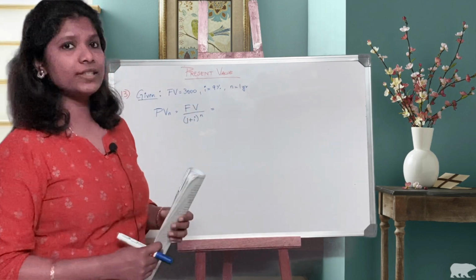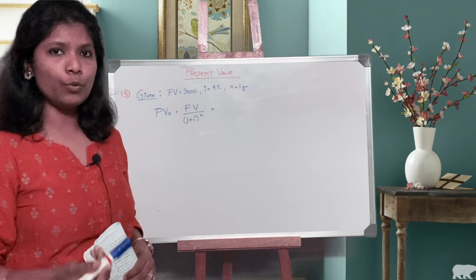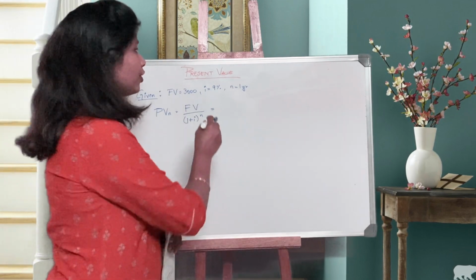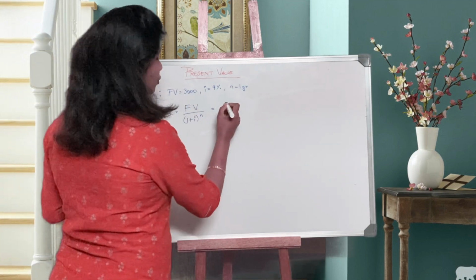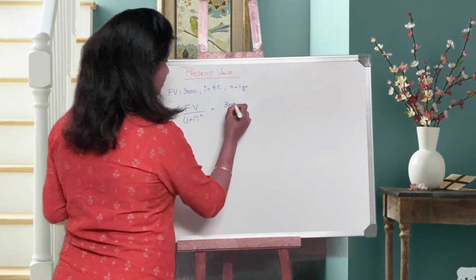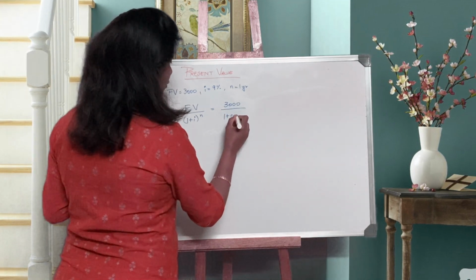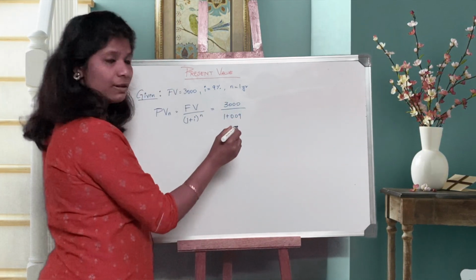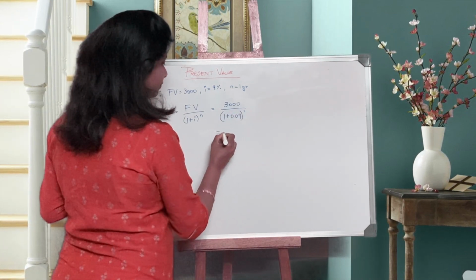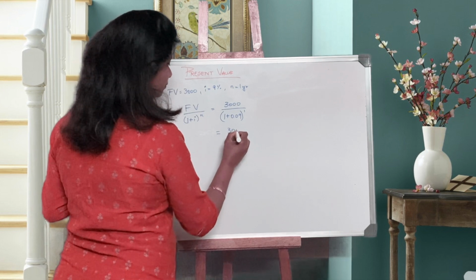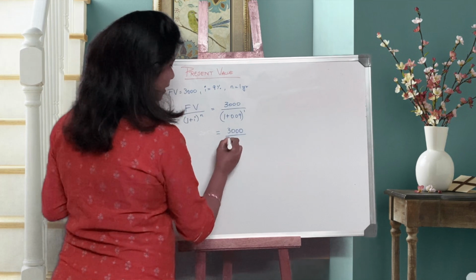Your first question's given values: future value 3,000. When are you receiving it? After 1 year. So your n is 1 and your discount rate is 9%. Let's solve. Your present value is 3,000 divided by 1 plus 0.09, again I'm converting it into decimal format, to the power of 1. 3,000 divided by 1.09 to the power of 1.